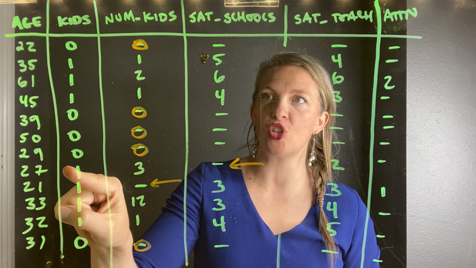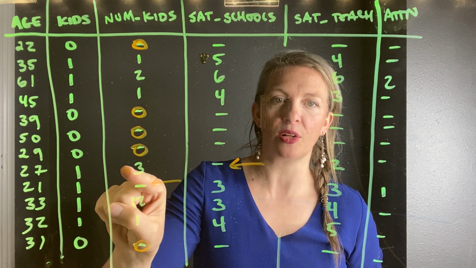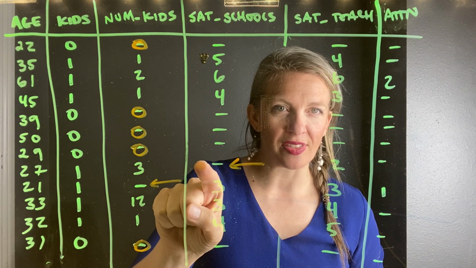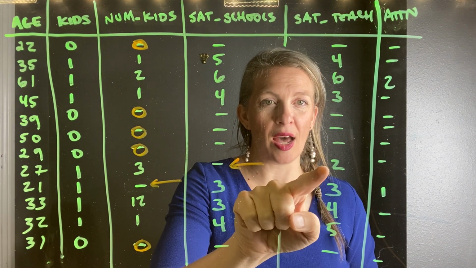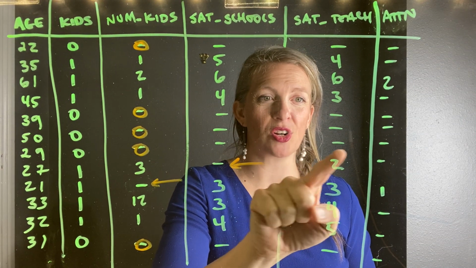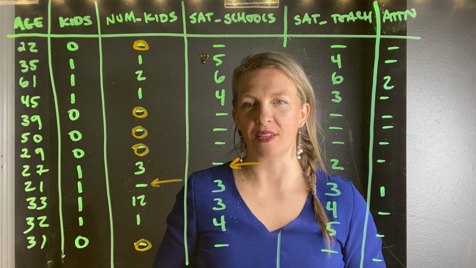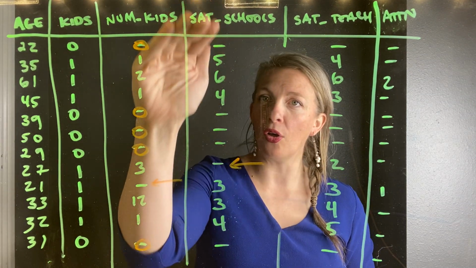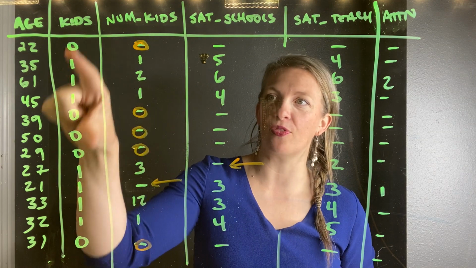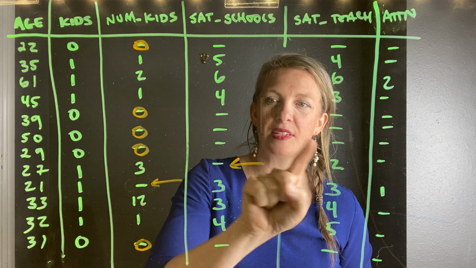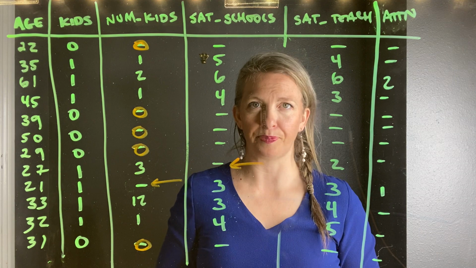So this is someone who has children. In fact, they have 3 children. We don't know how satisfied they are with the schools. We have a sense of how satisfied they are with their teachers, and then we have no information in this attention variable. All the rest of the missing data lines up with folks who don't have kids, but that's still missing and that's still missing.